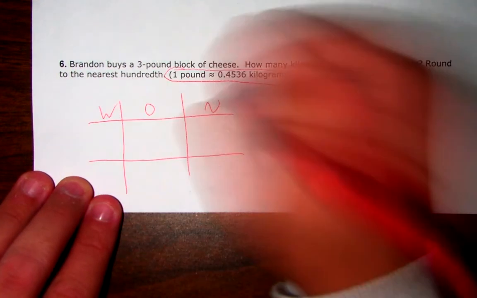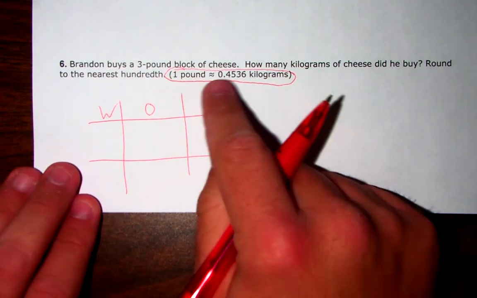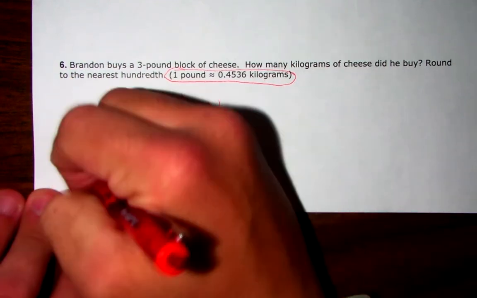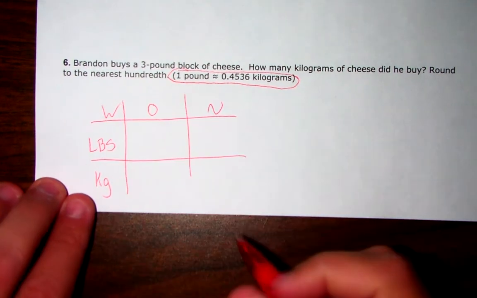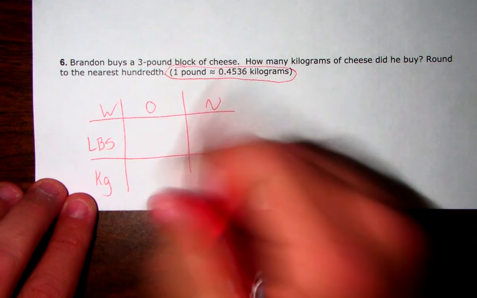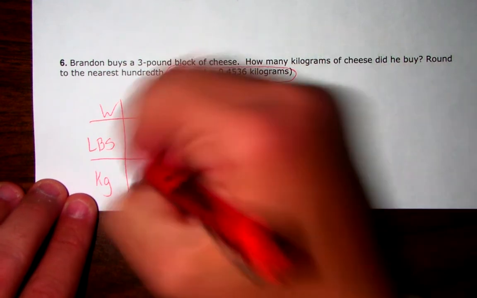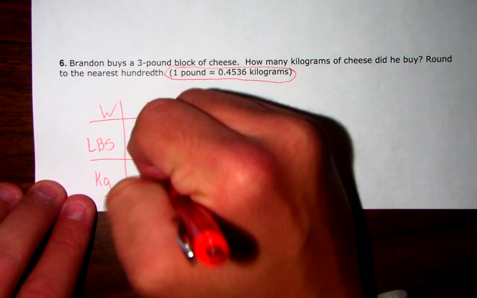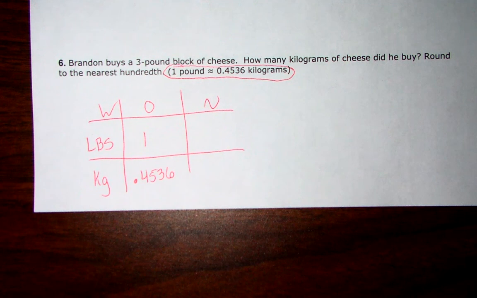So, here's your one chart. Words, original, new. We are comparing pounds to kilograms. It tells us right here, 1 pound is 0.4536 kilograms.